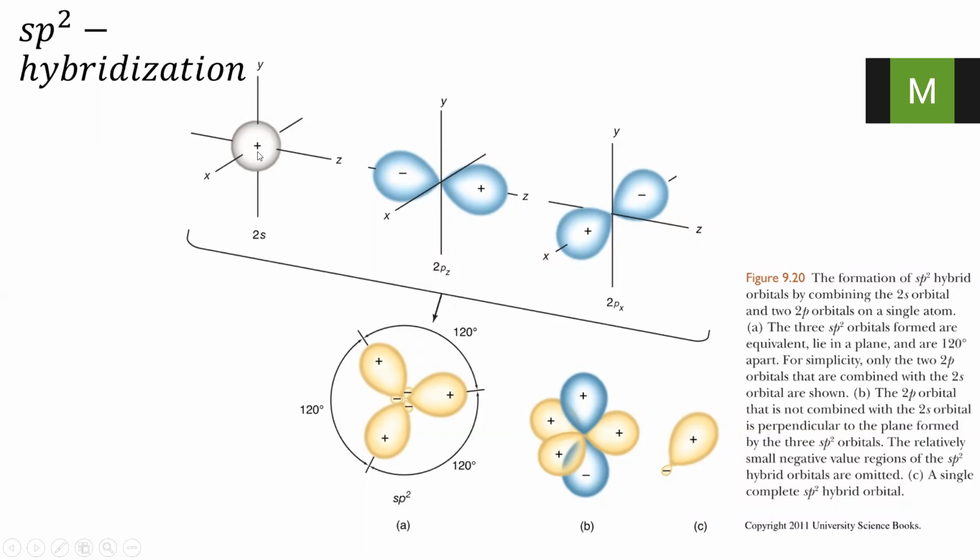If we combine one s orbital and two p orbitals, that is where, by the way, the sp2 comes from, right? One s and two p's. When we combine those three orbitals, we will get out three sp2 hybrid orbitals.